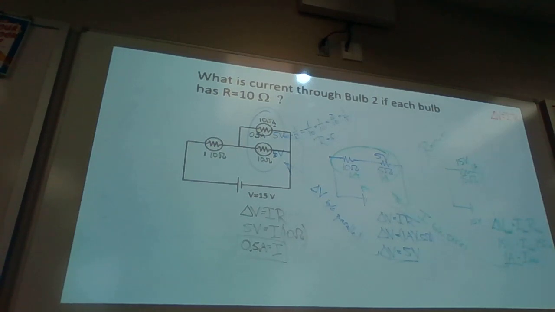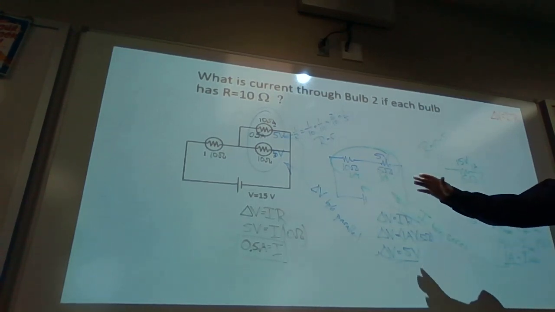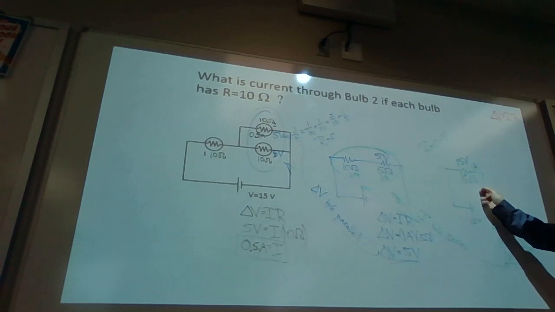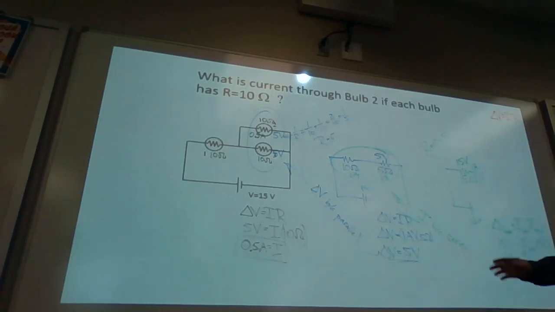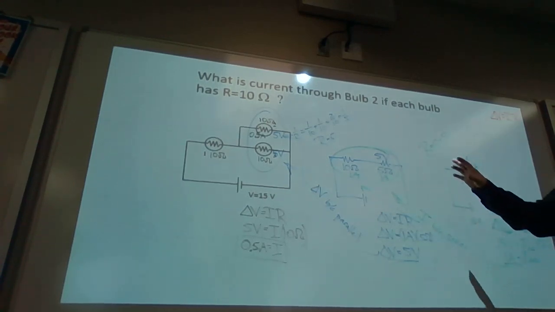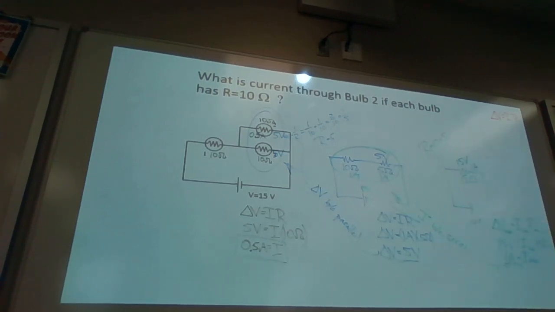Does that make sense? This should be a comfort zone. You just do it, and you're like, boom, got the answer. In my opinion, the only thinking needed is bringing it down to this point here. After that, you just repeat this procedure.